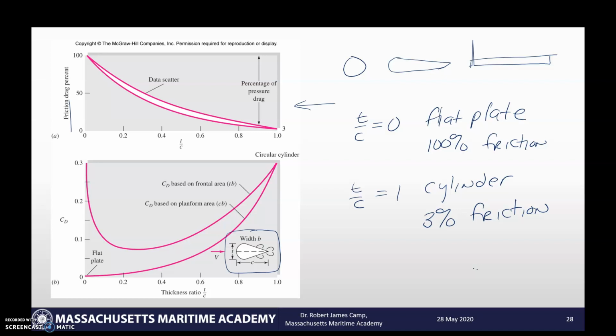So this is just an interesting thing, wondering, okay, where do we have about the exact same amount of friction drag and pressure drag? Well, that would be at a T over C of about 1/4, which puts it about right here. And you can see that we're about equal amounts of friction and pressure drag.